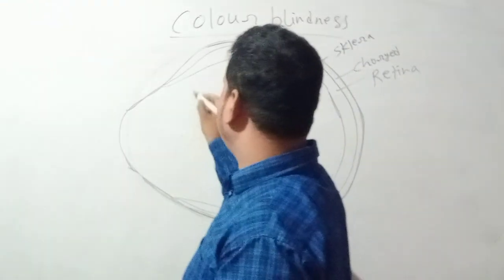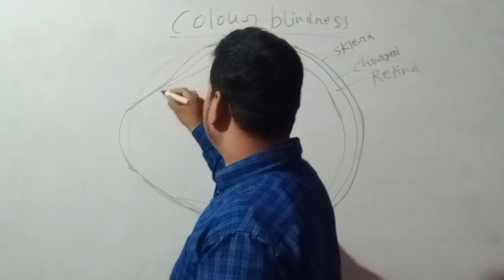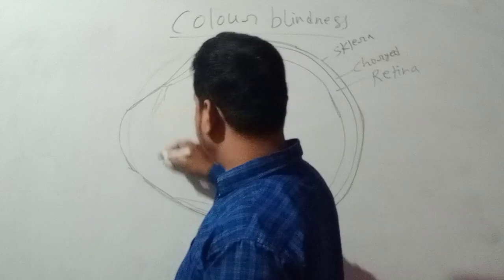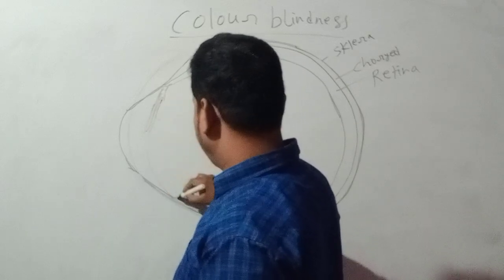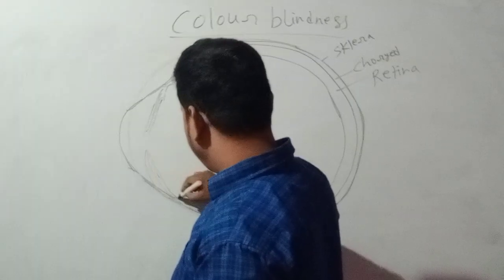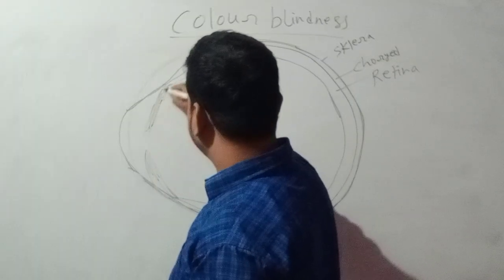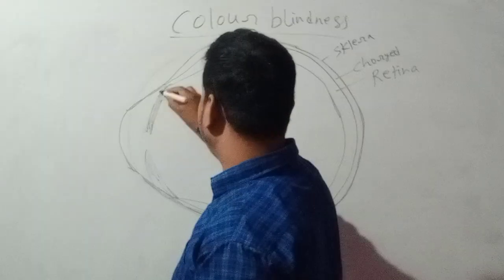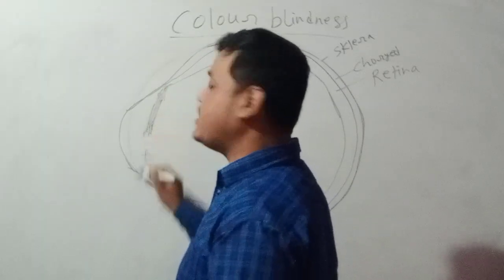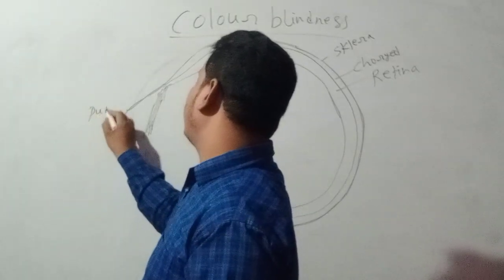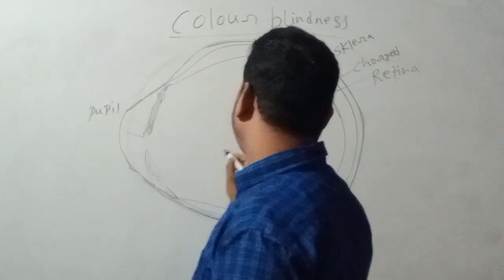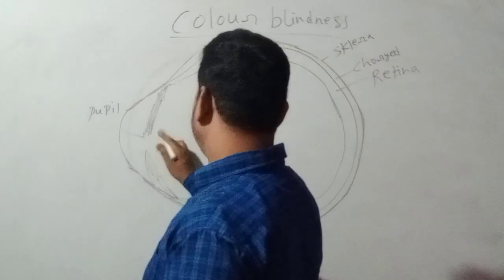Here the choroid makes the blackish part of our eyeball, and there is a gap, and this gap is called the pupil. Light enters our eye through this hole.